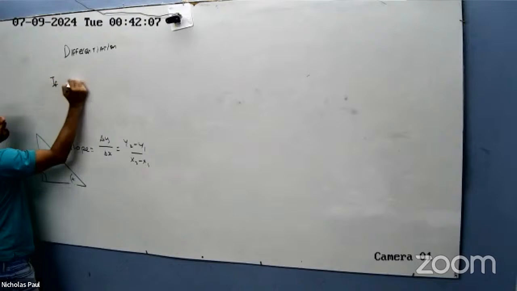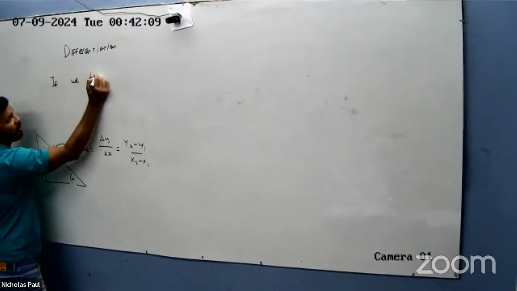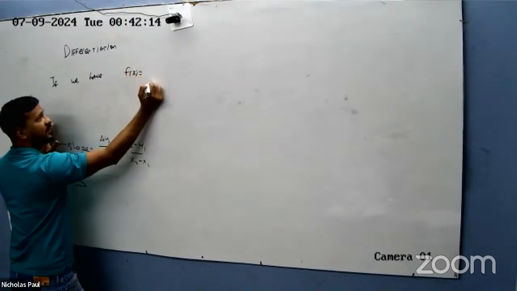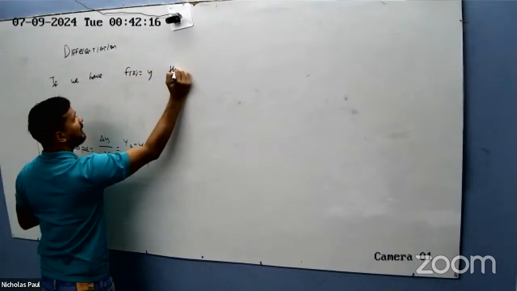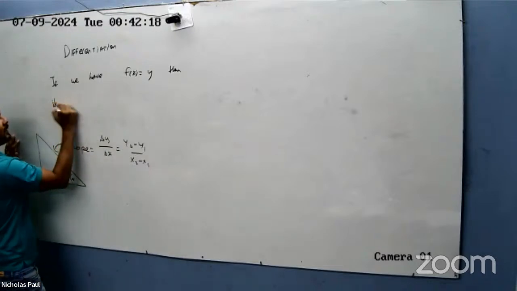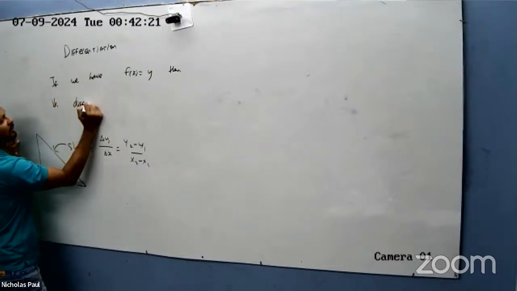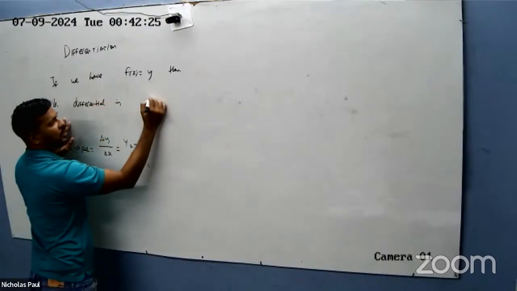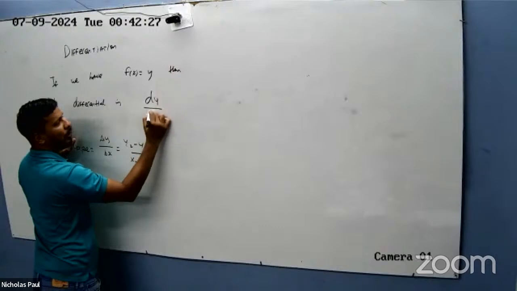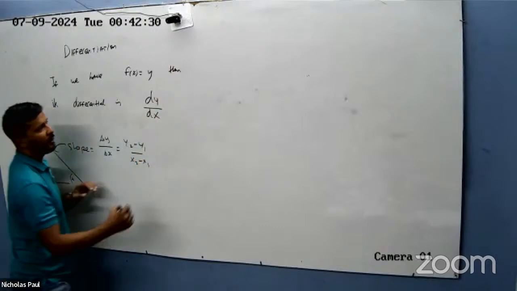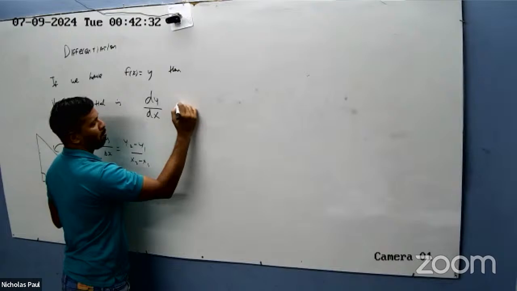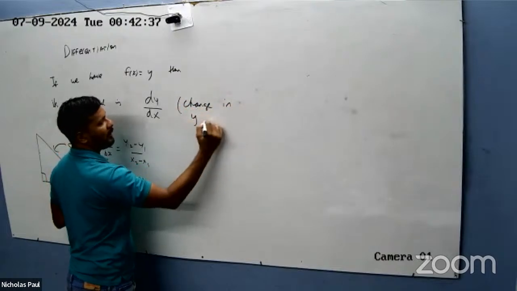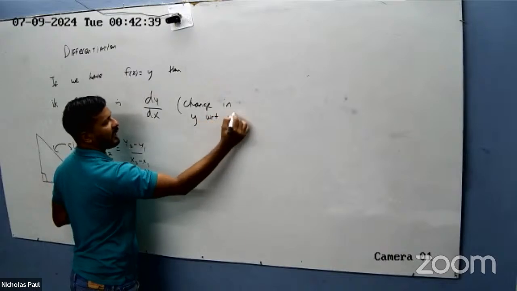So if we have some function f of x is equal to y, then its differential is the change in y with respect to x. This represents change in y with respect to x.